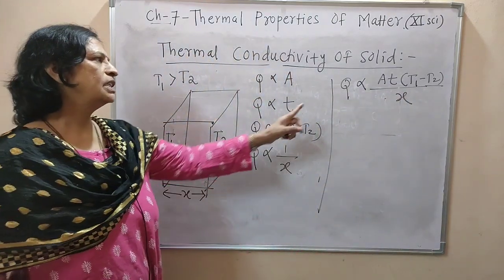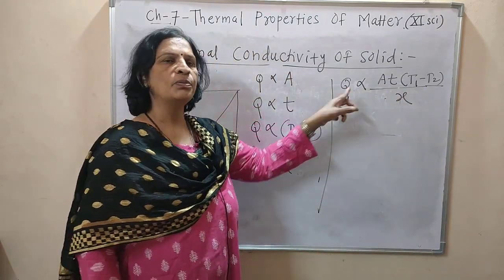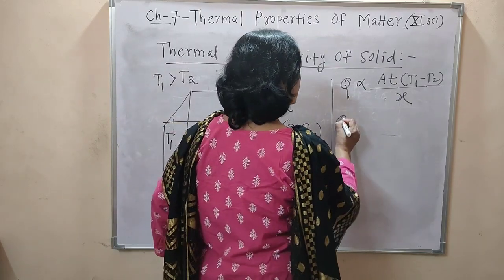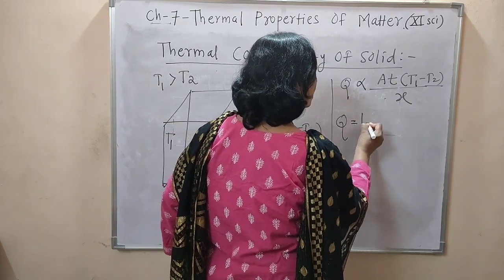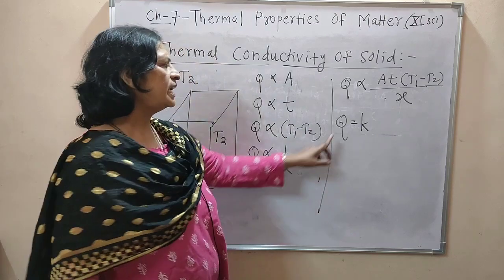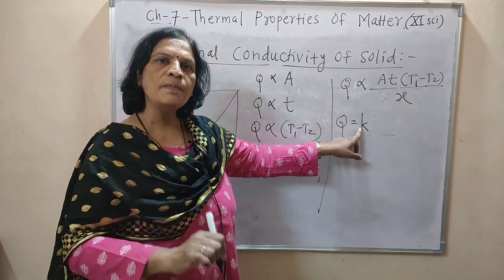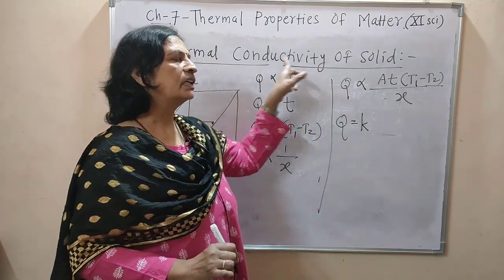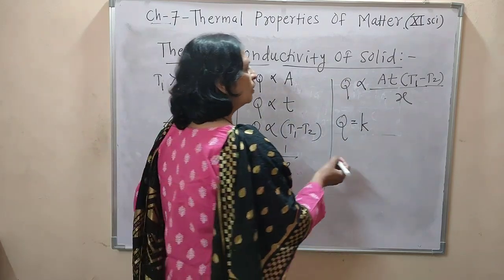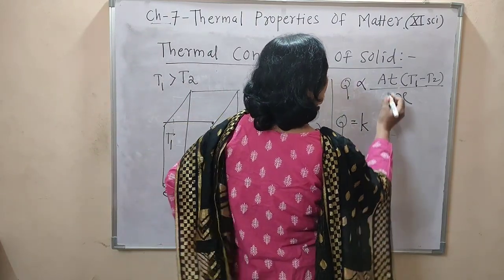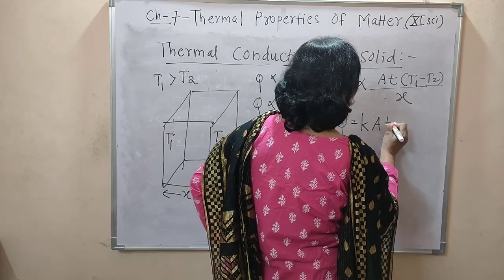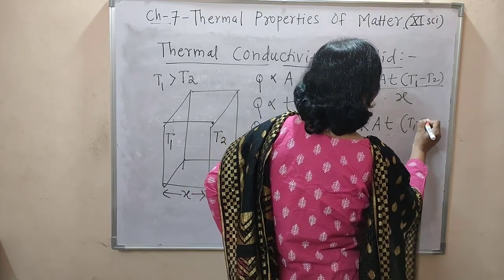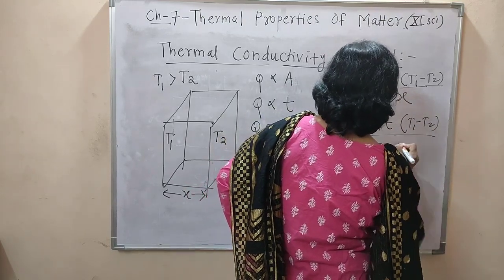Now to remove this proportionality sign, we have to put a constant, and that constant is small k, which is called the coefficient of thermal conductivity. Therefore Q equals k into A into t into T1 minus T2 upon x.